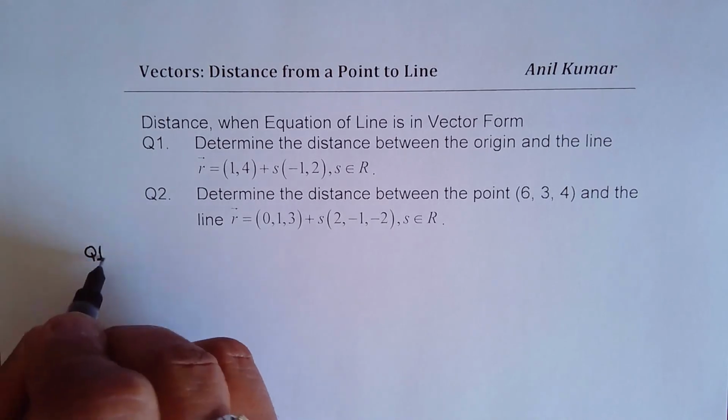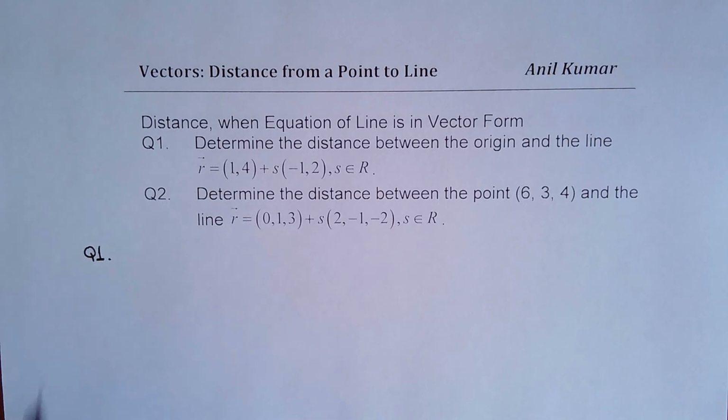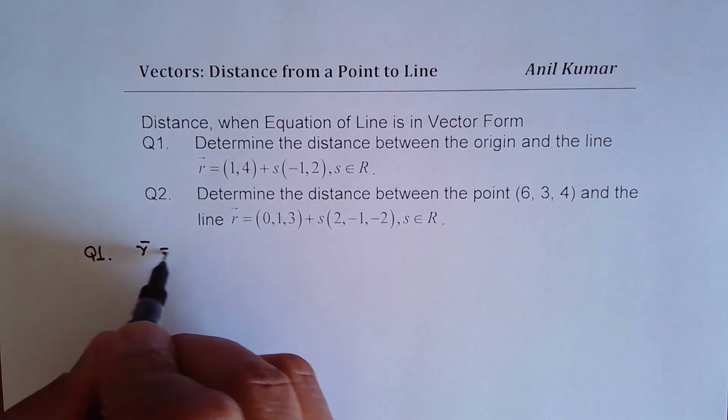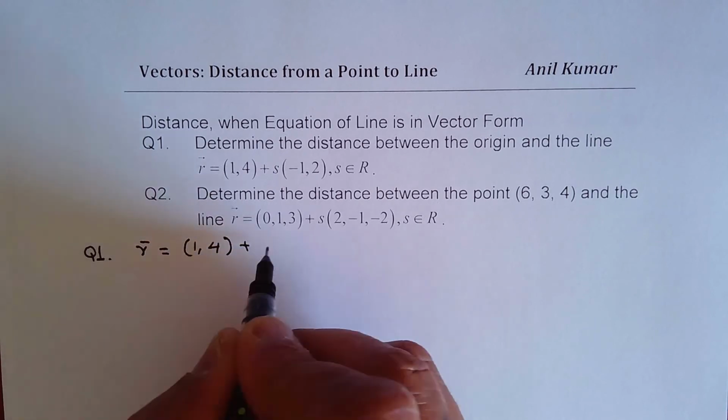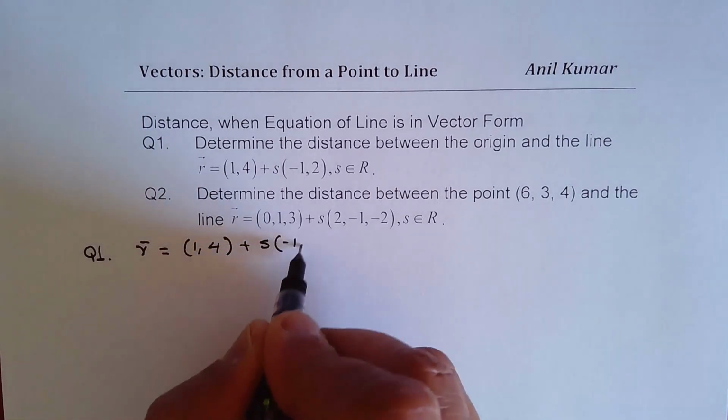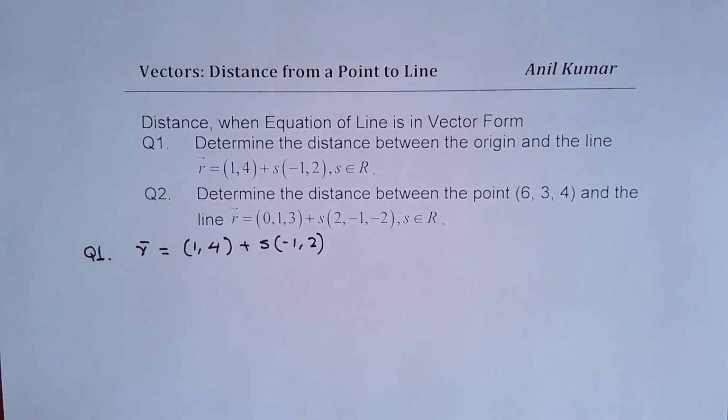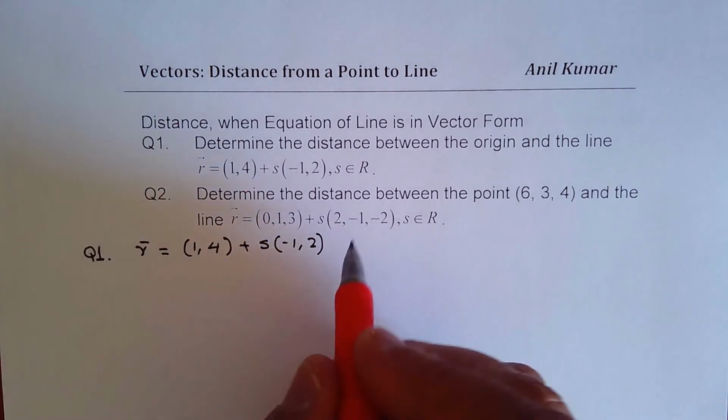We are given the equation of the line, r = (1, 4) + s(-1, 2), where s belongs to real numbers. The idea here is to convert this equation to Cartesian form. That is the strategy.